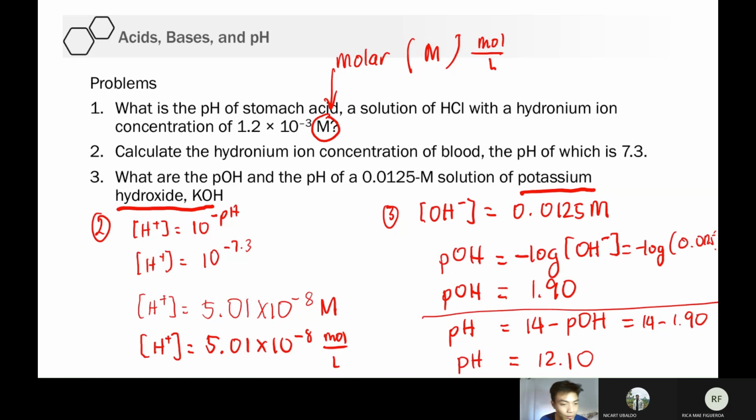Okay? So, basta makita nyo hydroxide, OH agad yan. So, masasolve mo doon, pOH. Okay? Then, kung gusto mo kunin yung pH, doon ka lang mag 14 minus pOH. Pero kapag sinabi dyan, hydronium ion, pH, makukuha mo dyan. So, ulit-ulit lang naman yan. Okay? Ayun, screenshot nyo na lang yung answers natin.